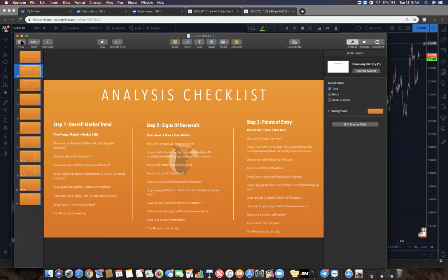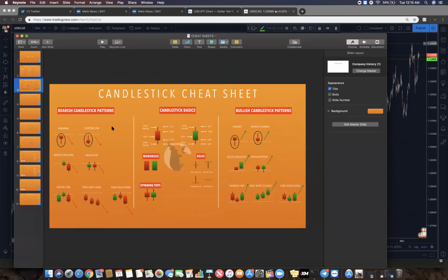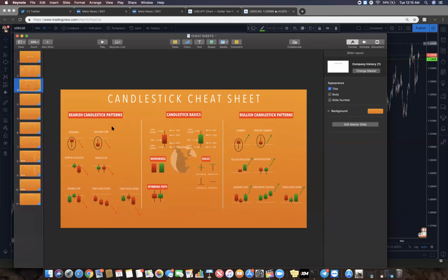I've been talking a lot here, but I want to go back to the candlesticks. Remember, in the cheat sheets, download them and look at them. I have on the cheat sheets how they open up and the different types of candlesticks. Then we have the bullish candlestick patterns, the hammers, the inverted hammers. Notice all of these form at what?